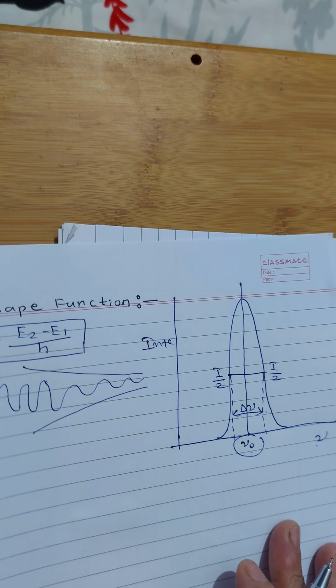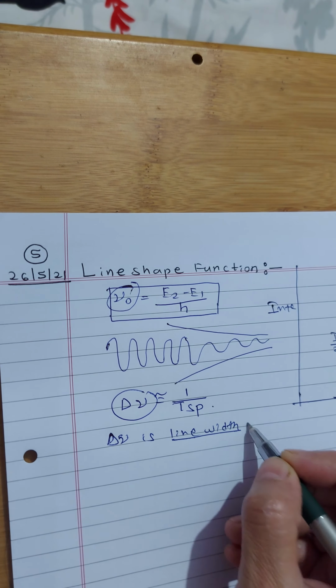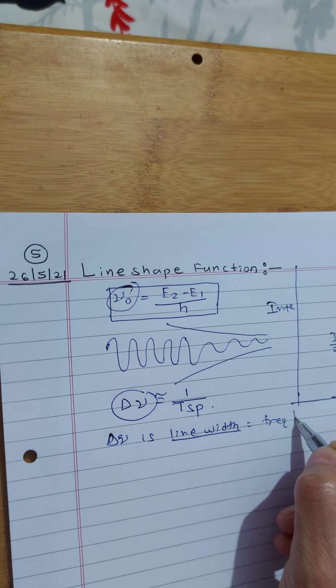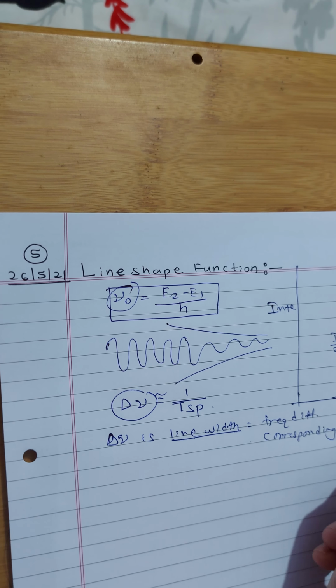Now delta nu is the line width, which is defined as the frequency difference corresponding to intensity half of I. This is I by 2, this is also I by 2.